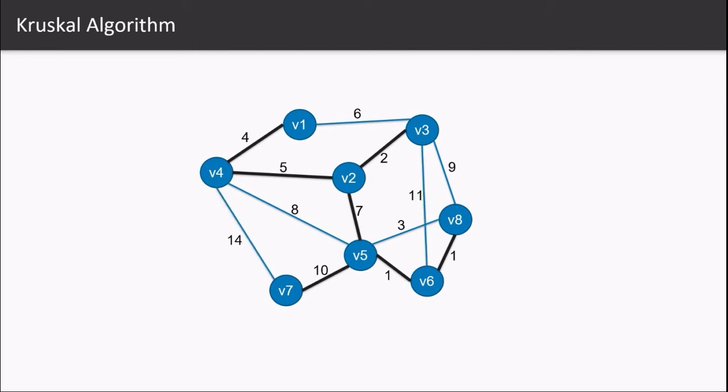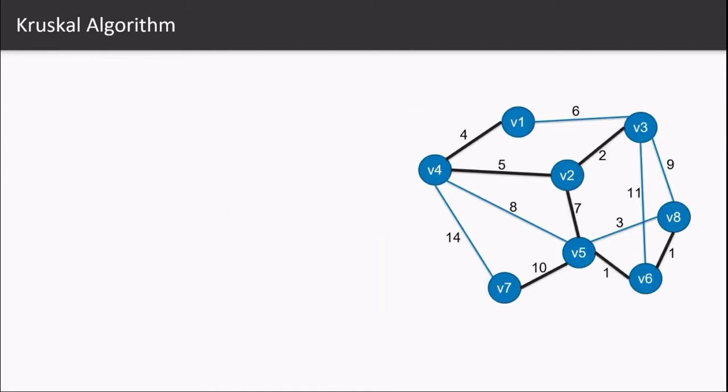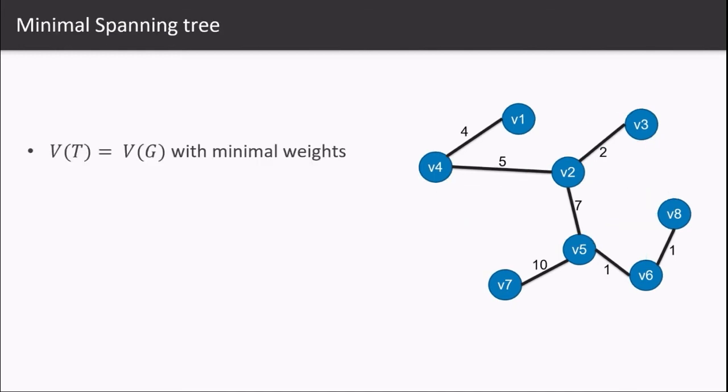So we end up finding no more edges greater than 10 that make a tree. And this graph has all the vertices of the original graph, and if we get rid of all unwanted edges, we have created a minimum spanning tree.